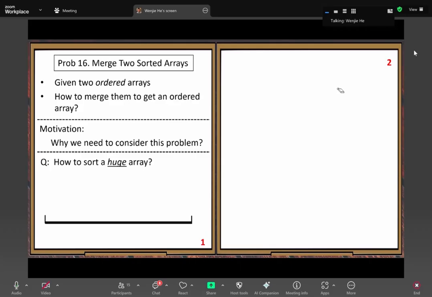Let me describe it this way. Usually, when you think about a large array, we consider the size of the data.